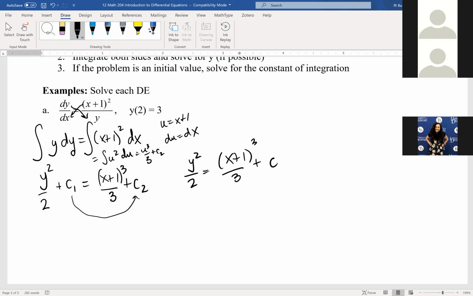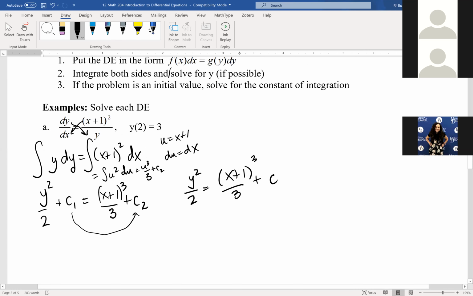Real quick, can you go back over what you were just saying with the constant? I'm kind of lost about what you were saying with putting it on one side. So each integral would technically get a constant of integration, right? You get a c1 on one side, c2 on the other.